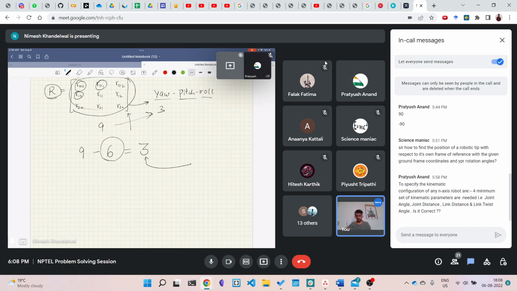Were you in the last class that I took? I was a bit late. Did you attend the section when I told you that these column vectors are actually the basis vectors of the new frame?